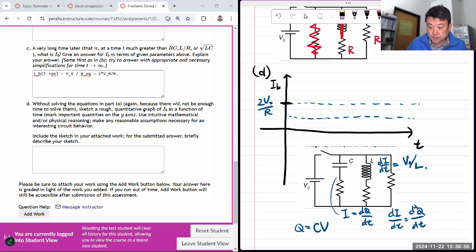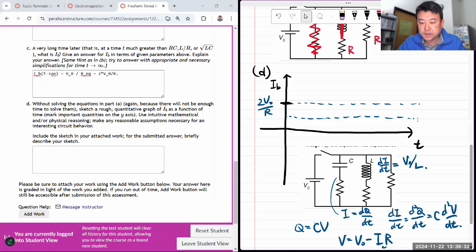Well, the voltage is not V0. At time equals 0, V is 0. So this double derivative is going to be C times the double derivative of V over dt. And the voltage across that is V0 minus IR. Oh, I see.